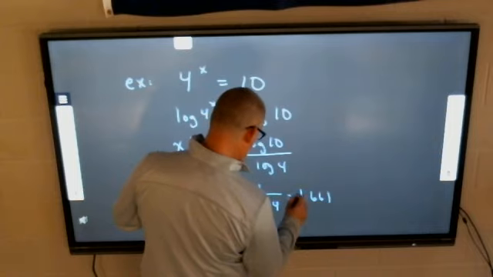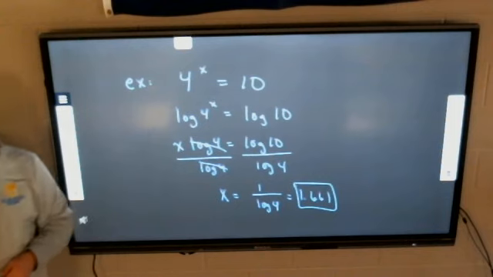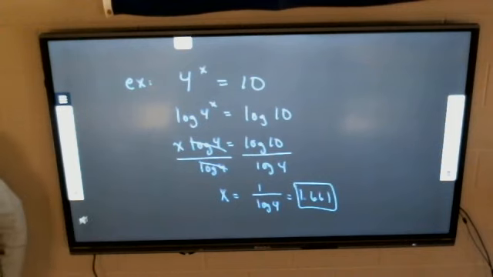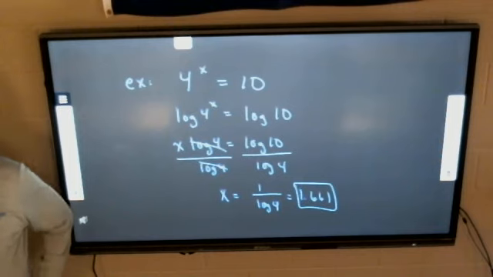1.661. And of course, that is going to be rounded off to 3 digits. That's kind of standard. You said hold control, hit control and then 10 to the x power.